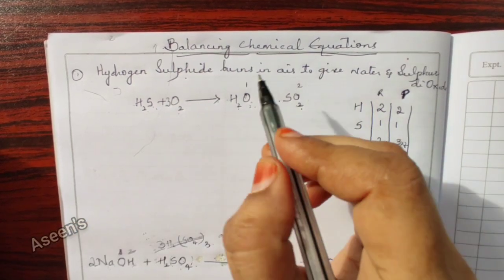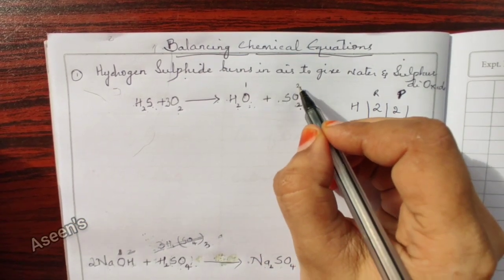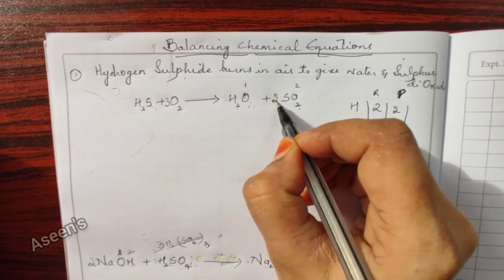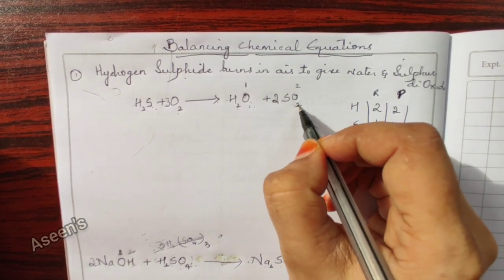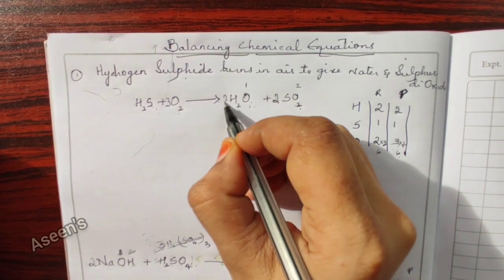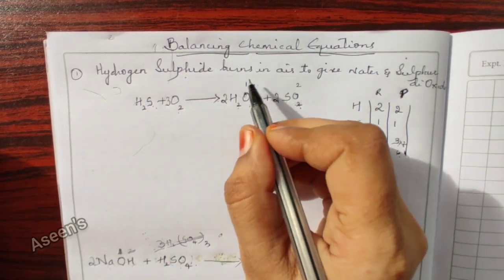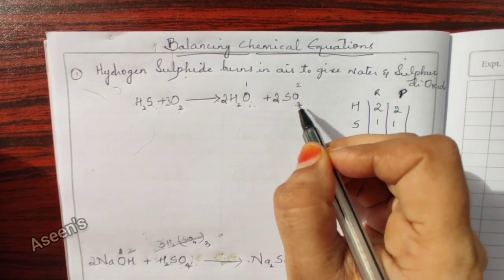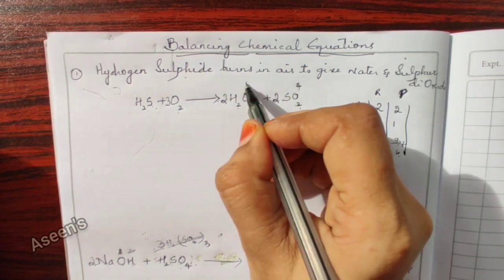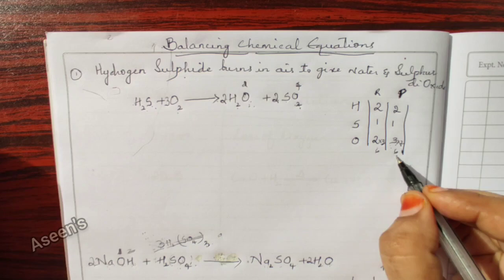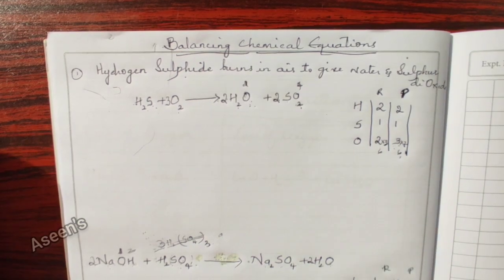Now to balance this, first I'm going to put 2 over here. So this will become 2 2s are 4, and I'm also going to put 2 over here. So 2 1s are 2. So now it's going to be 2 1s are 2, 2 2s are 4 and 2. 4 plus 2 is nothing but 6.